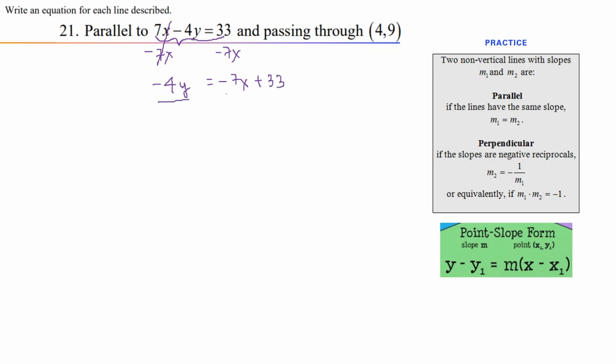Then divide both sides by negative 4. Then we cancel that. We have y equals negative 7 divided by negative 4, that will be 7 over 4x, plus 33 over negative 4, or you can write minus 33 over 4.